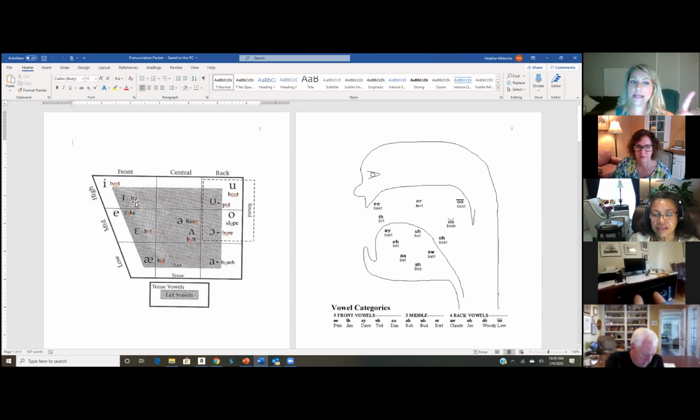Your tongue stays in the same place. The difference between these two is these sounds tend to be very relaxed. You relax your muscles more. So ee is different than eh. So notice that I have to tense my mouth, my muscles, to get this ee sound out. It's very important that students do that. So we work on that as well.